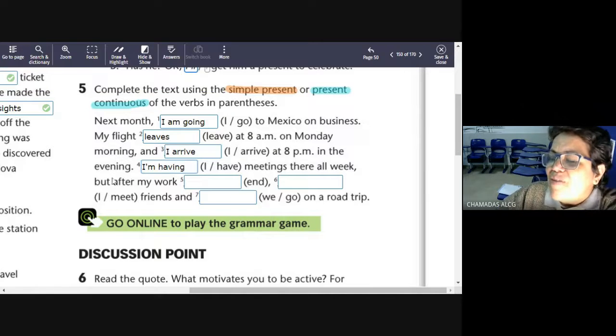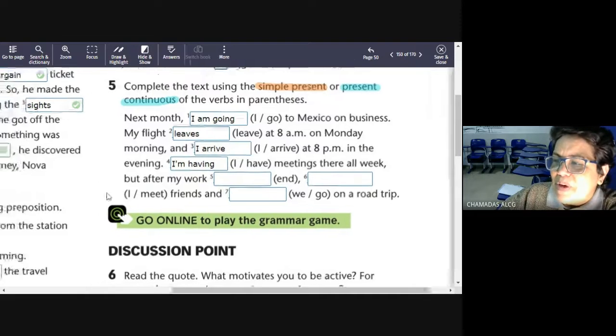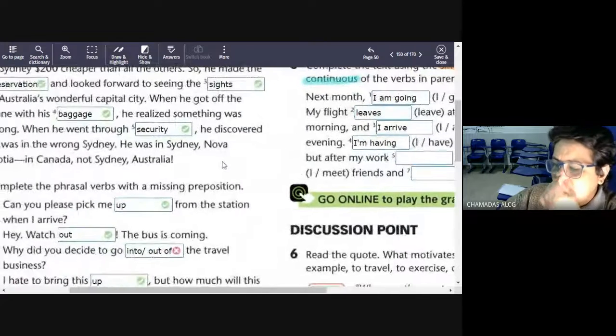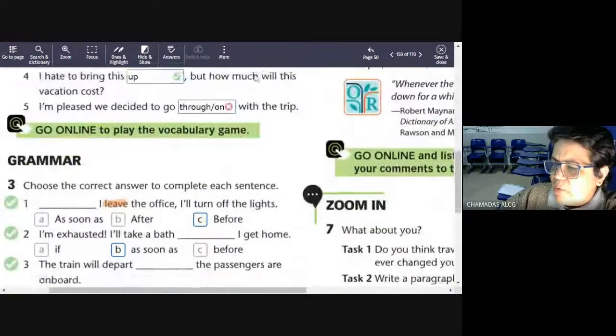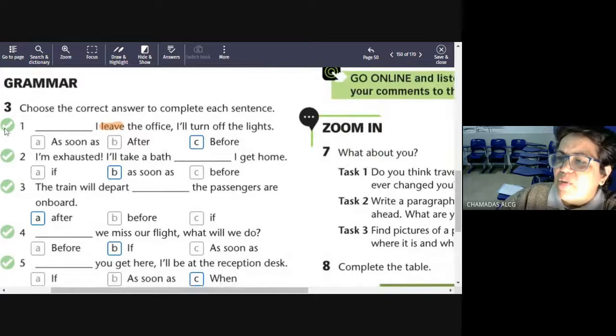Now here we have a time clause. After my work. So remember, we saw here, let me see where it was. Yes, look. Remember, exercise 3, question 1.